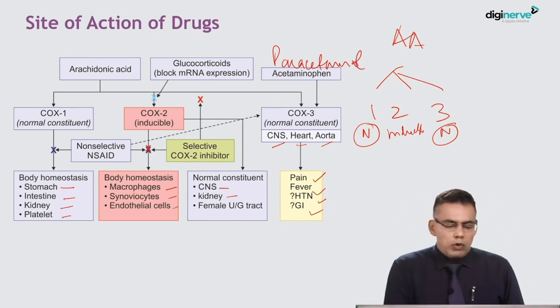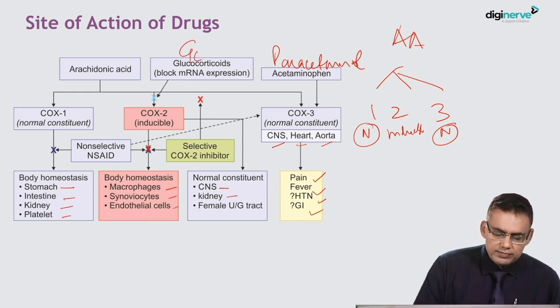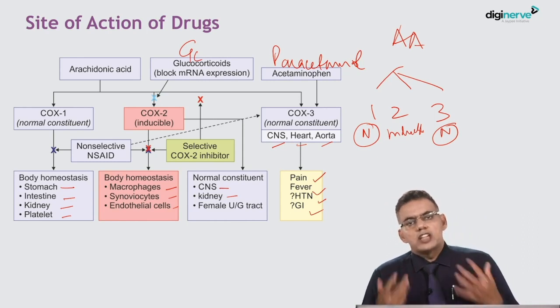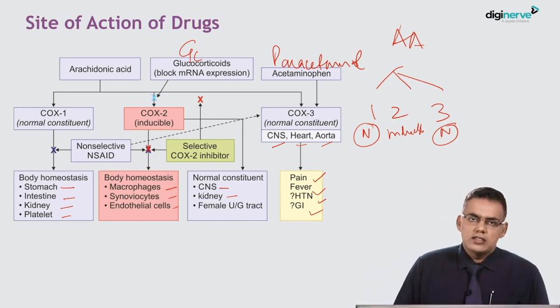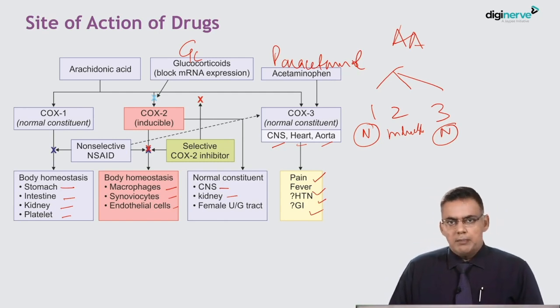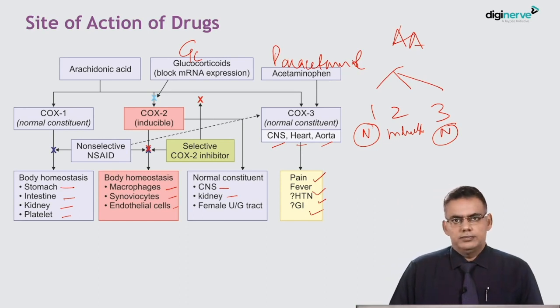Another way we can block COX-2 is the use of corticosteroids, that is glucocorticoids. So it means that the production of prostaglandins from arachidonic acid can be blocked by three important groups of drugs.